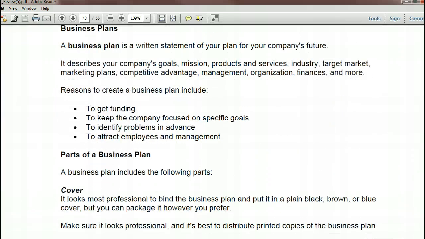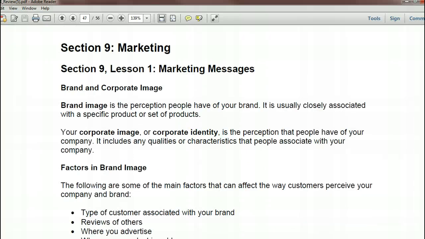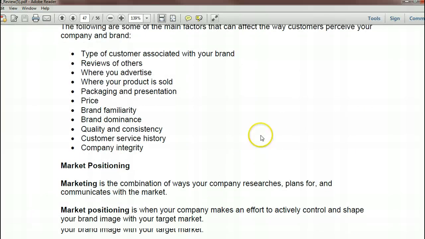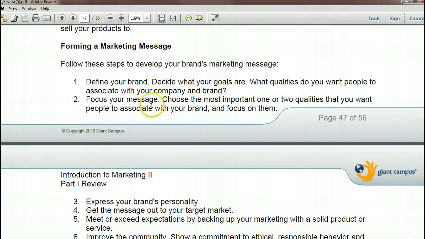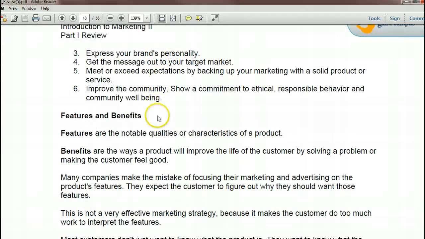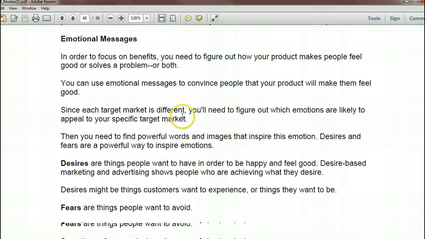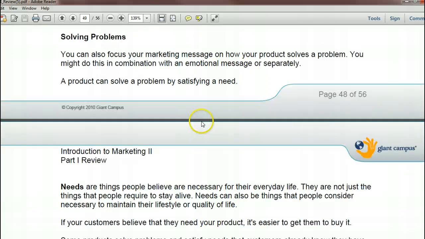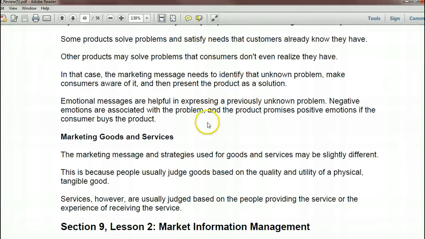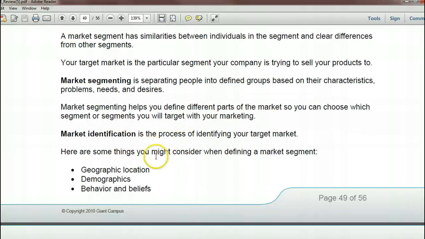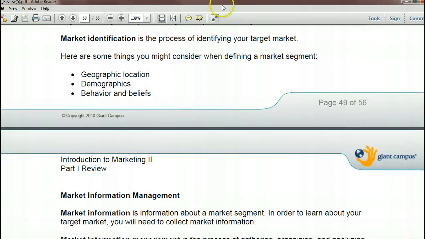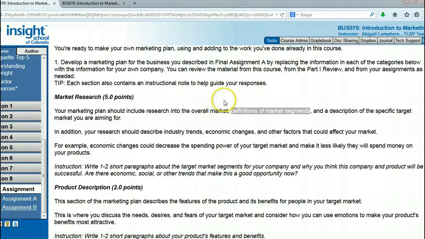I think most of it is in sections 9 and 10. Section 9 talks about market positioning, target market, your marketing message, and market segments, segmenting, and market identification. So review this information from the part 1 review if some of that is cloudy to you.